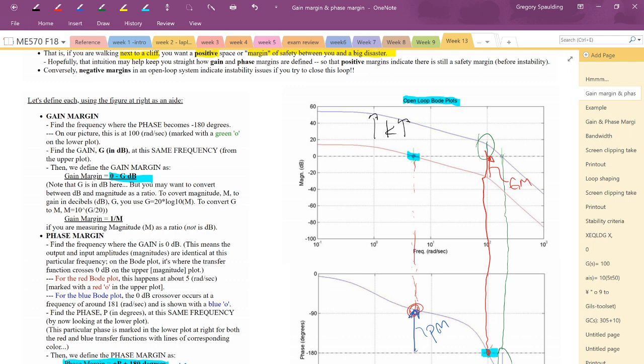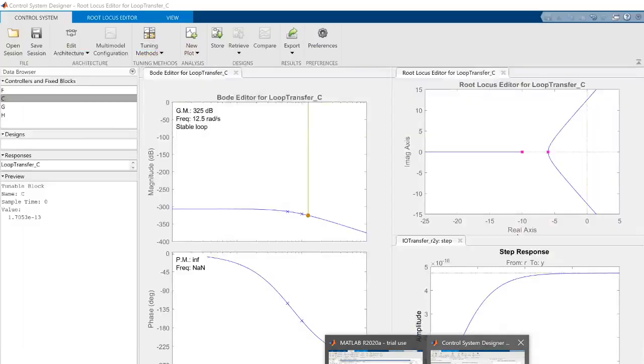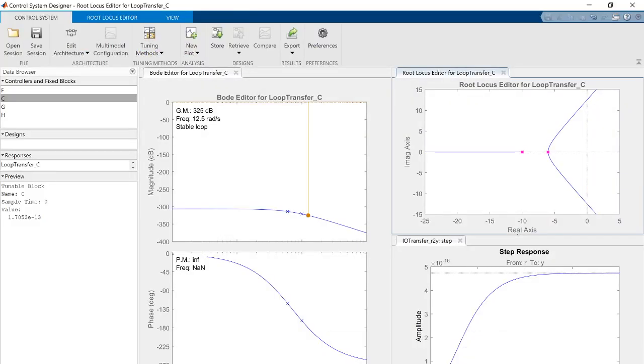Let me shift over here to MATLAB, and here I'm running SISO Tool, and I've put in just a simple 3-pole system. We've got 3 poles on the real axis. 2 of them are going to come together, split, and move in this direction, and then the third one is going to go out on our negative real axis.